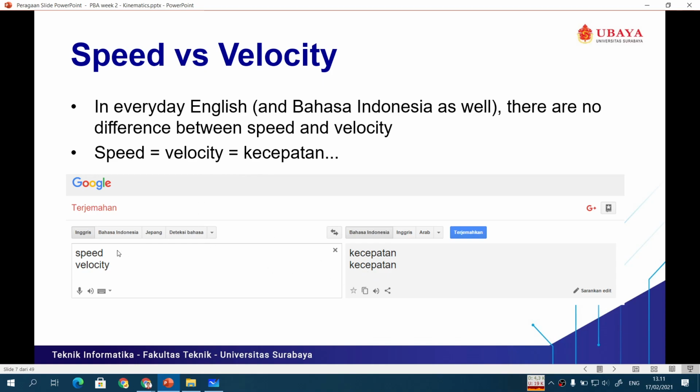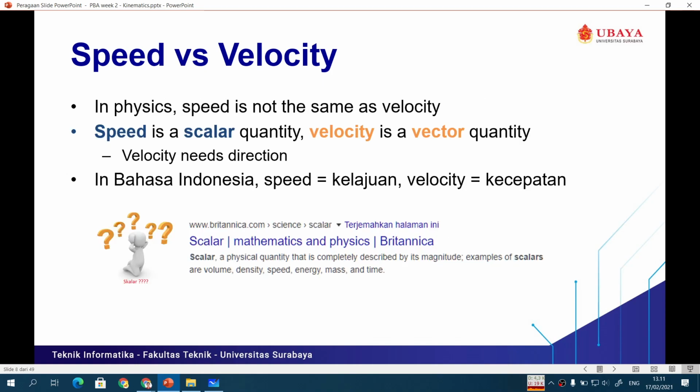If I input the two terms into Google Translate, Google will translate them both to kecepatan. So in everyday conversation, we regard speed and velocity as the same term. But in physics, actually they are different. Speed is not the same as velocity.